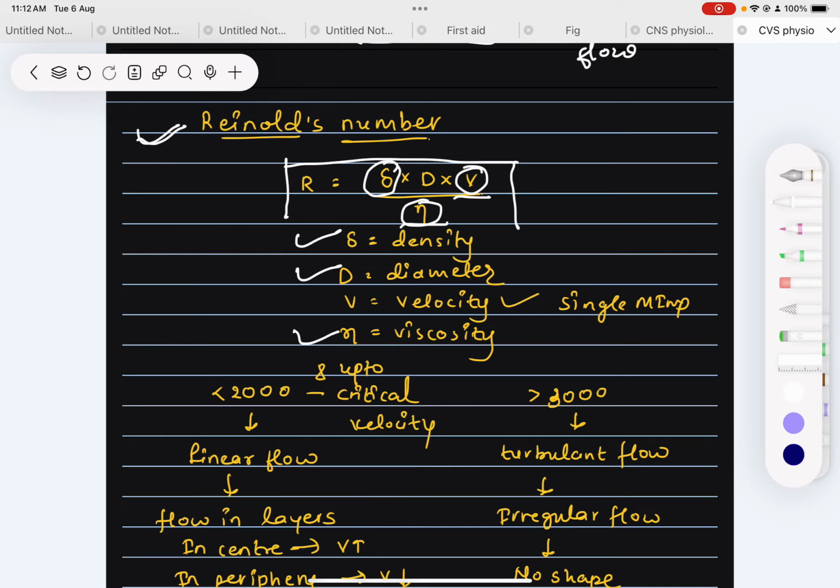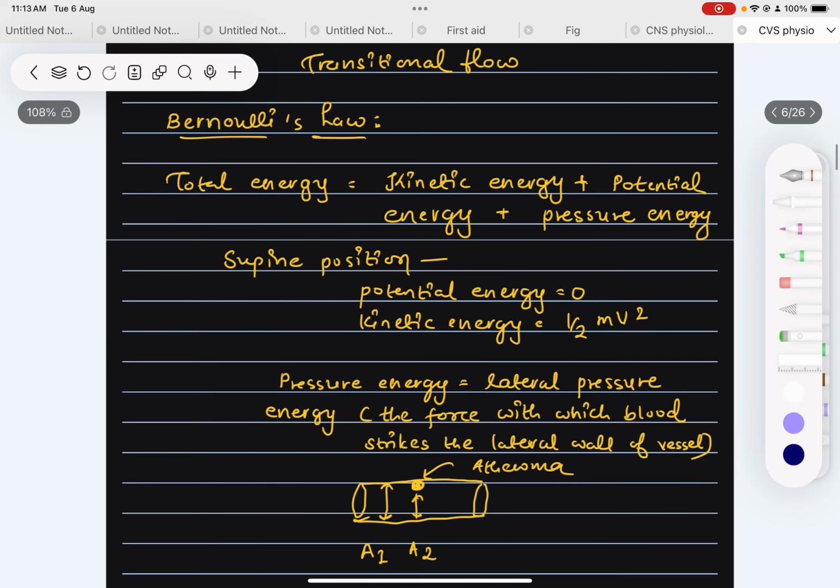So I really don't have any idea, but you can just remember these two, and remember that density and viscosity are the other way round. So if Reynolds number is inversely proportional to the viscosity, then the density would be directly proportional to the Reynolds number, and diameter will go with density only.